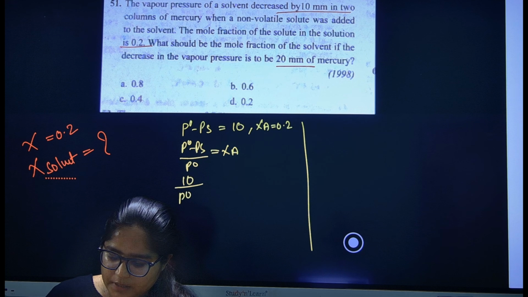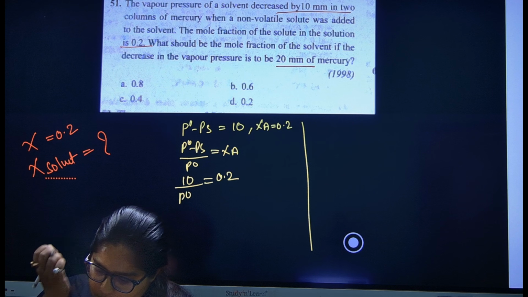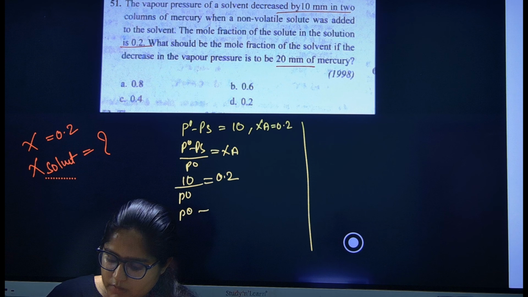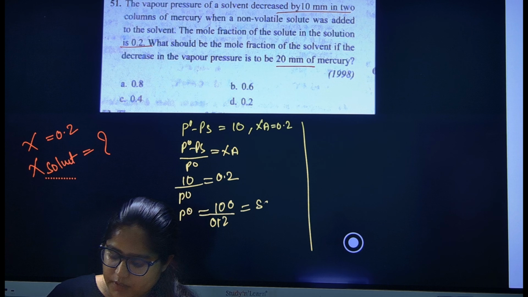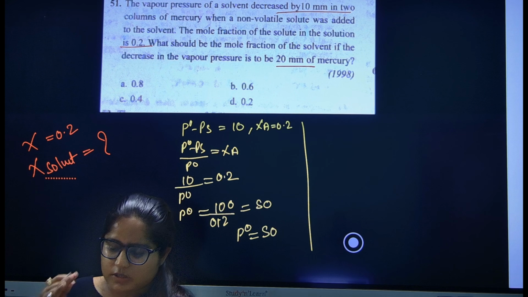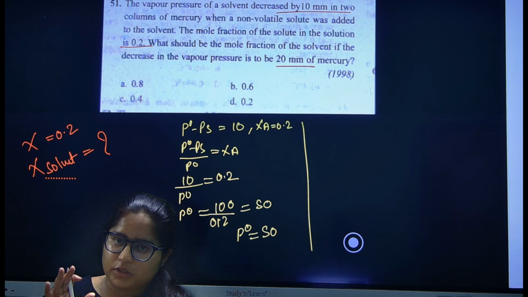So 10 by P naught is equal to 0.2. From here P naught will be equal to 10 by 0.2, that is 50. So we have got P naught, the pure vapor pressure, as 50, and it is constant because the solvent is the same.